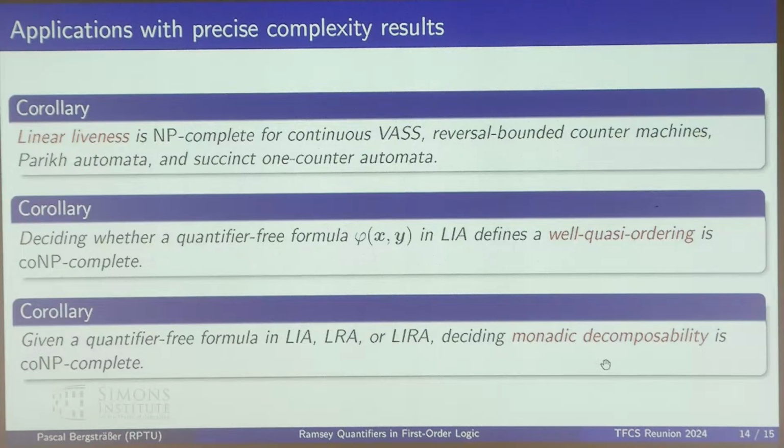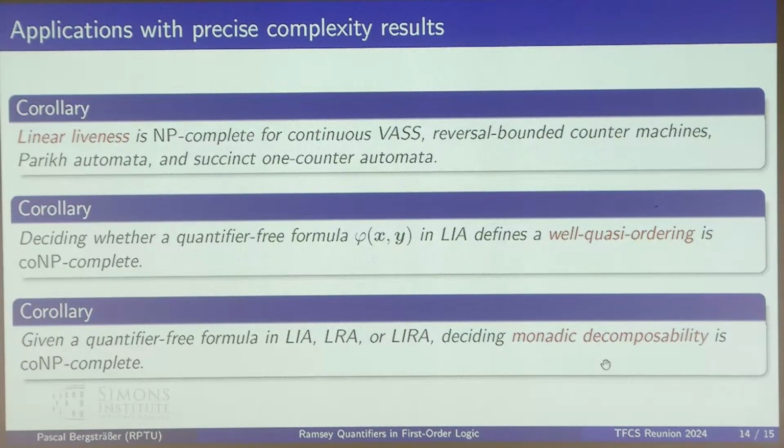The reason that for all of them it is NP-complete is that we can construct the reachability relation, the transitive closure of the transition relation, in polynomial time, and we get a formula in the existential fragment of linear arithmetic. Here we really need the existential fragment, so that we don't have to eliminate existential quantifiers to get the precise complexity.